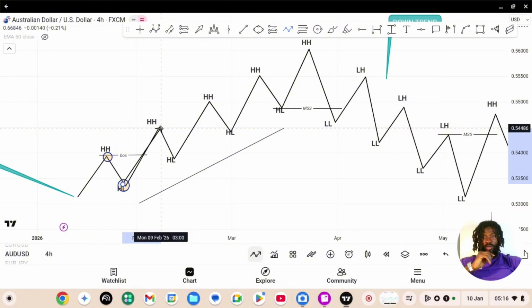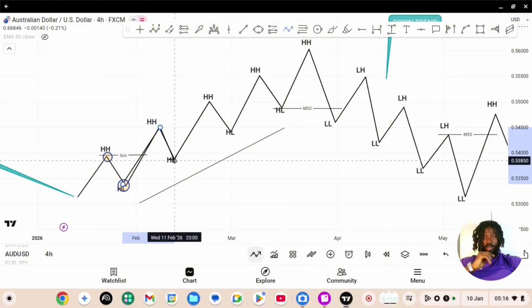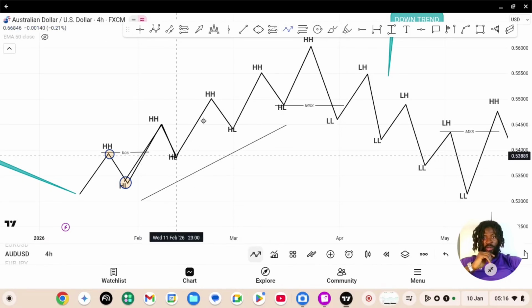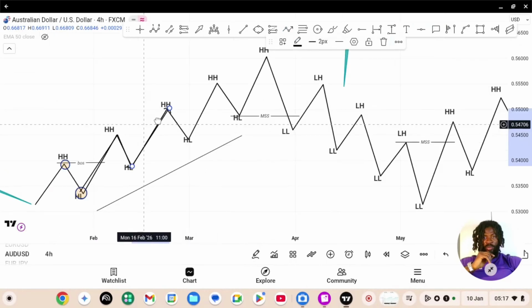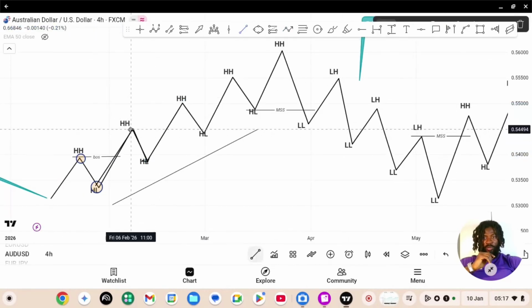Now we have a new higher high here. The market pulls back, which is the correction, by giving us a higher low here, and we have our new higher high, also giving us another break of structure here, breaking the previous high.